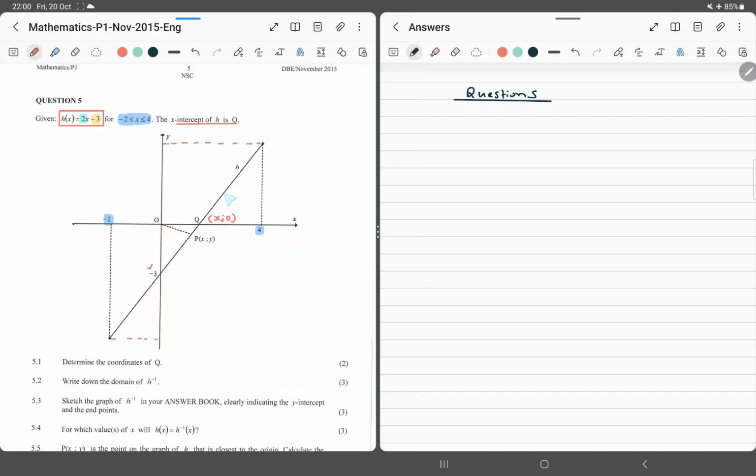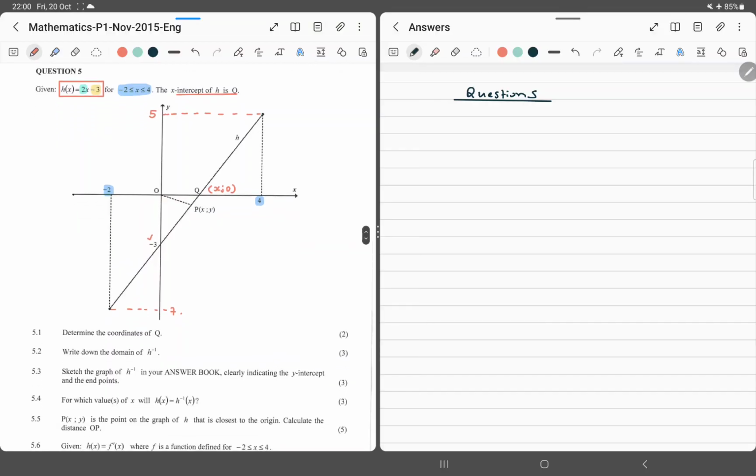So for the range, we just substitute 4 into the equation. So this is 4 times 2, that's 8, minus 3, that's 5. And then we substitute -2. This is -2 times 2 is -4. -4 minus 3 is -7. So we've got our range and we've got our domain. So this is the analysis you can do there quickly.